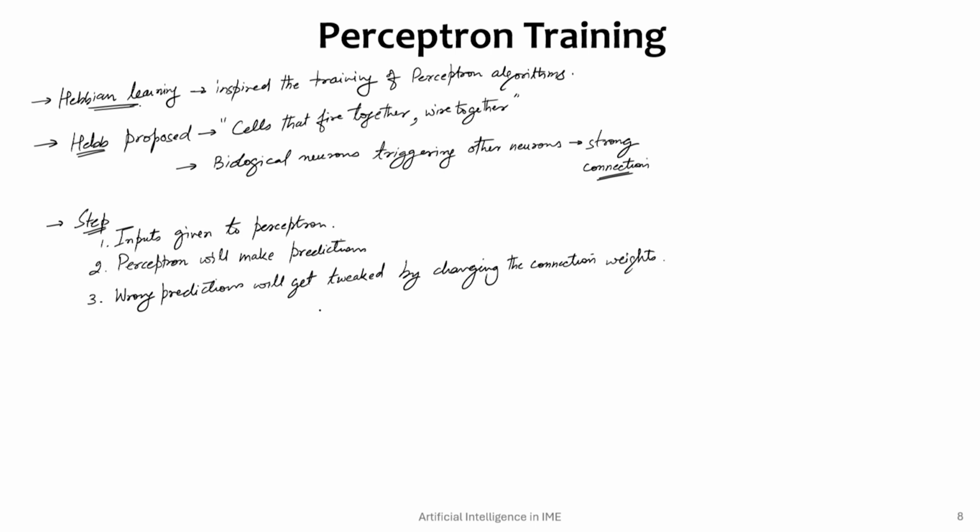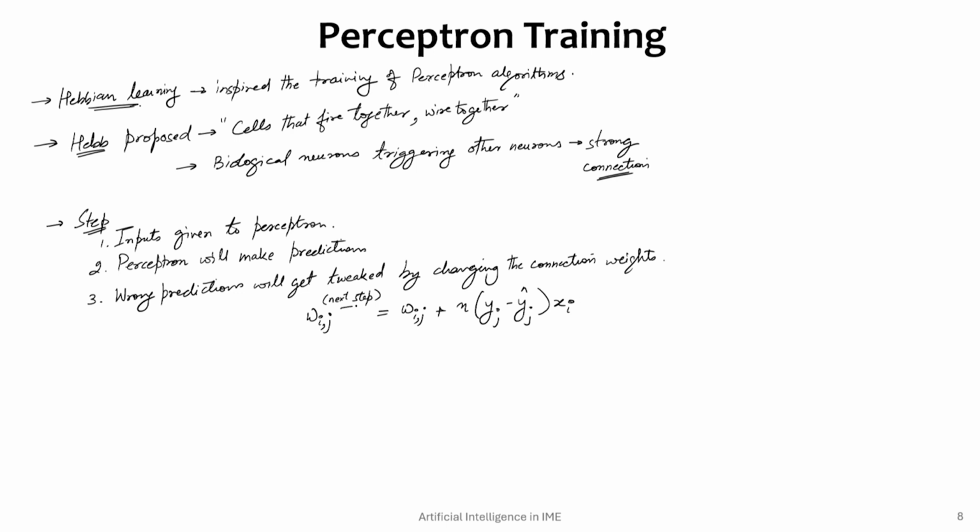Now these things are based on a simple equation. Let's say w(i,j) in the next step of training is based on w(i,j), the weight of the previous step, plus eta times (y_j minus y hat j) times x_i.